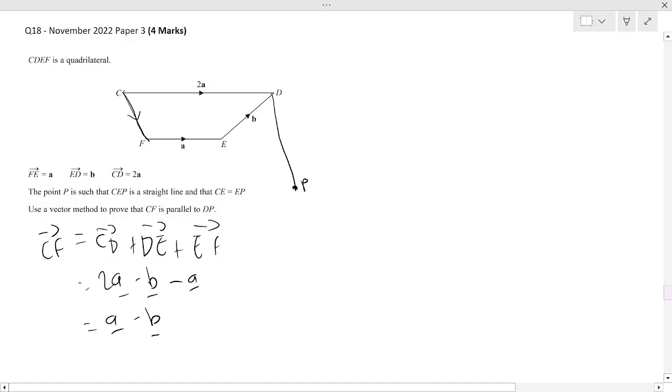Okay, now D to P. Now D to P, we don't really have a way of getting there because P's off the table. Not off the table, off the shape. But we are given that CEP is a straight line.